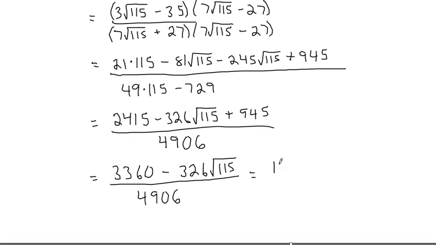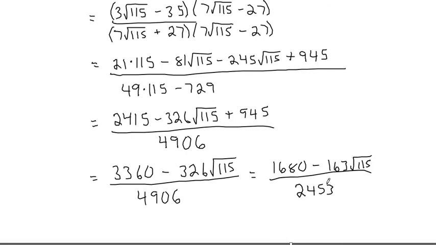So that makes 1,680 minus 326 divided by 2 is 163 root 115, and then over 4,906 divided by 2 is 2,453. And now we don't have all even terms, so we can't divide out a 2 again.